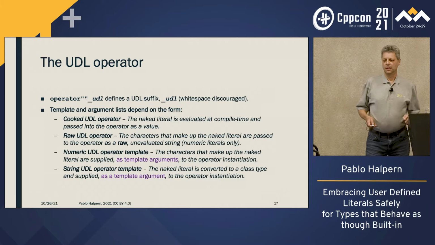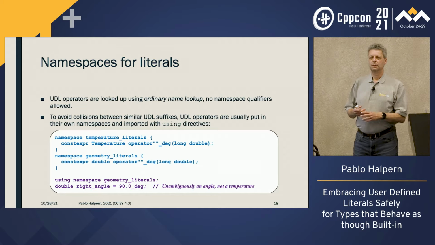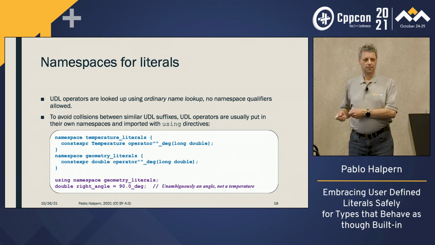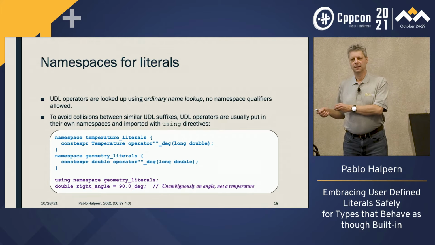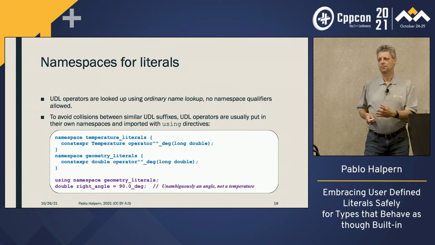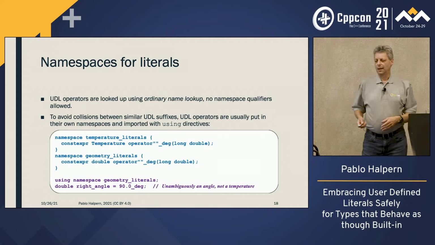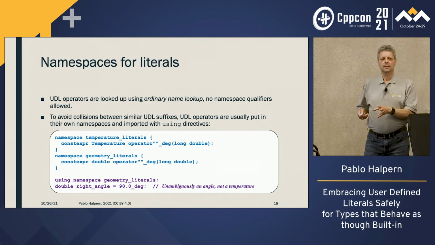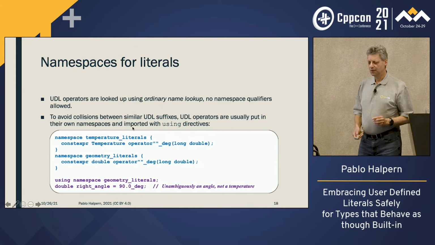We're going to go into each of them in turn, so you don't have to read this whole slide. I'll digress a little bit here and talk about where you put this operator. Normally, there's an idiom now that has developed that you put your user-defined literal operators in its own namespace. It doesn't have to be one namespace per literal. It could be one namespace for a bunch of related literals. The reason you do this is because the literal is just this bare word, just this underscore degree or deg thing here.